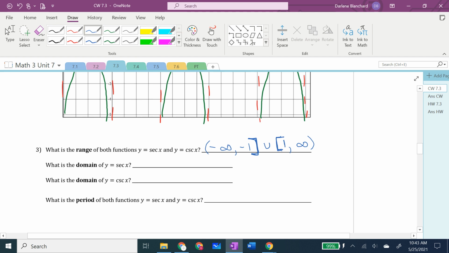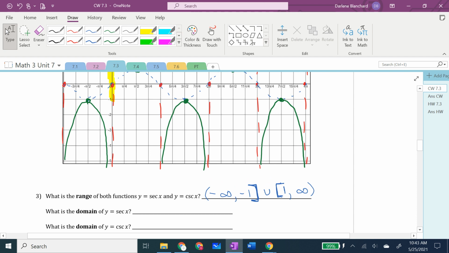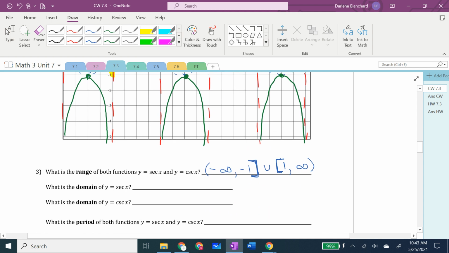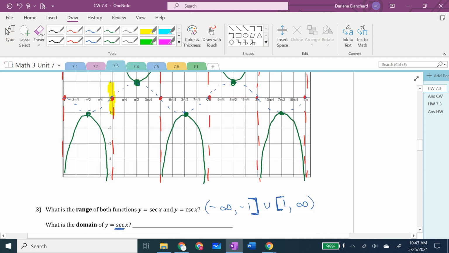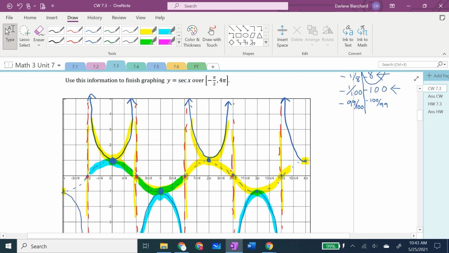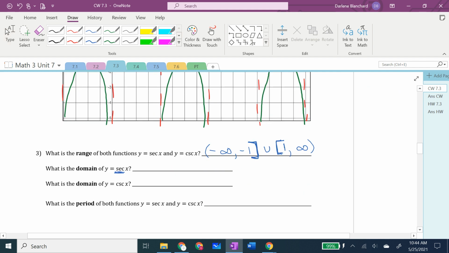The domain of the two functions are everything except their vertical asymptotes. Now, secant had vertical asymptotes where cosine was equal to 0. So that is pi over 2, 3 pi over 2, 5 pi over 2, 7 pi over 2, negative pi over 2. Do you think you could write that as a pattern? There are different ways to write this.